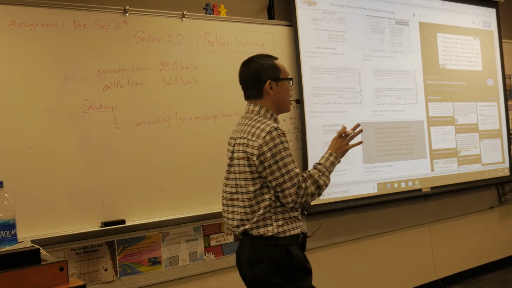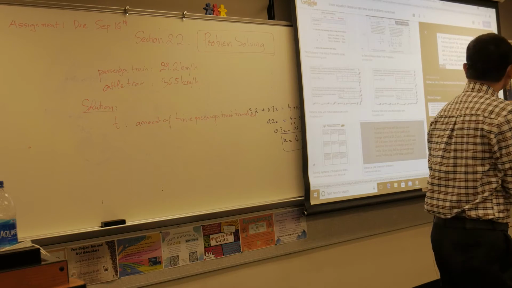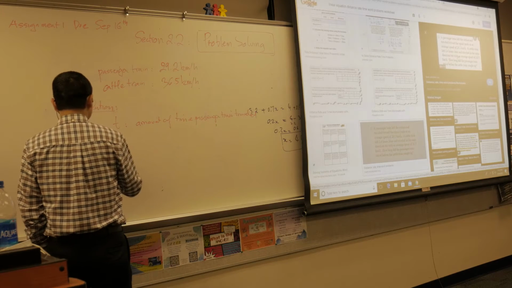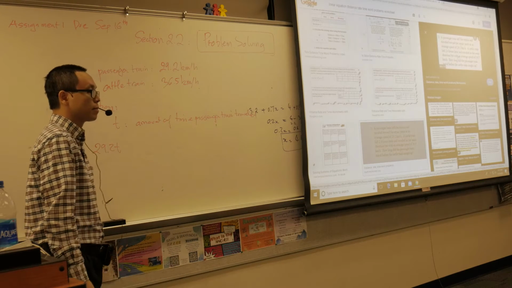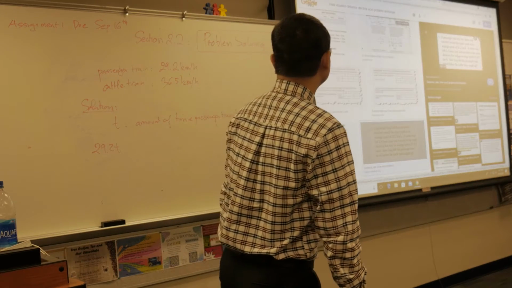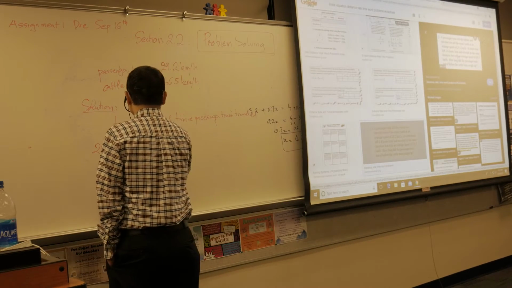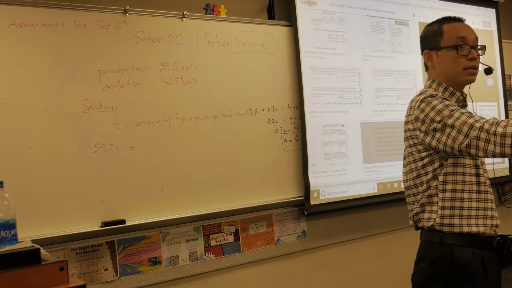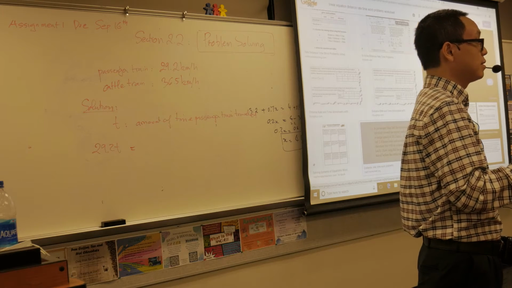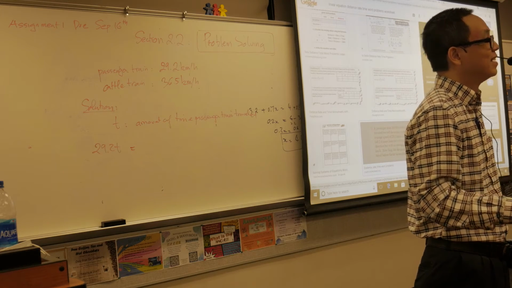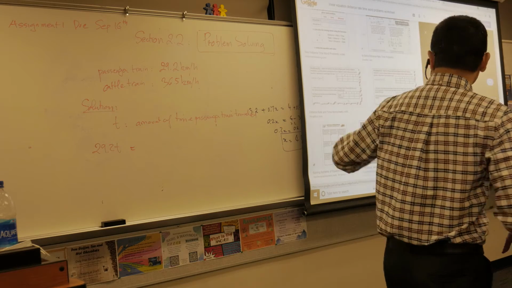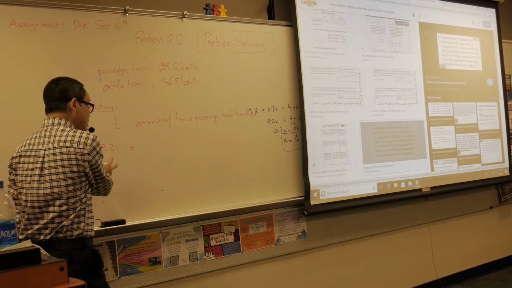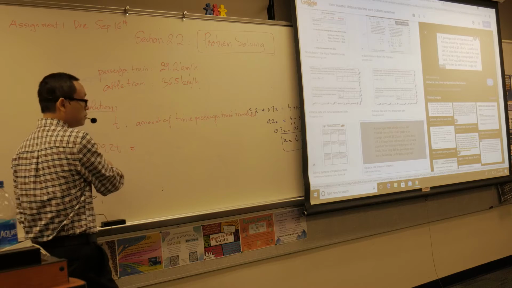First of all, we need to find the distance the passenger train travels, which is 29.2 t. And they should travel the same amount of distance, right? That's why I'm asking you whether they start at the same location or not. If they start at a different location, we have a big problem, because the distance will be the same. So this is the distance the passenger train travels.